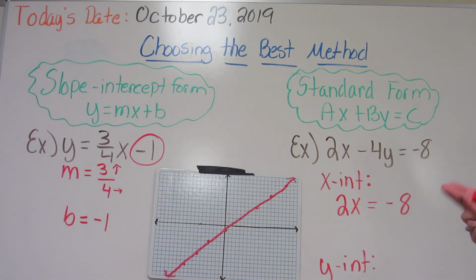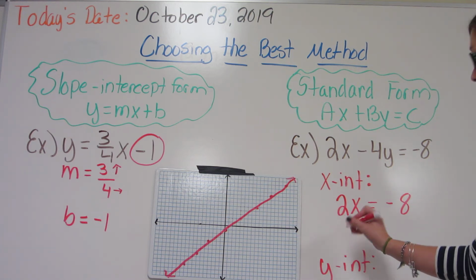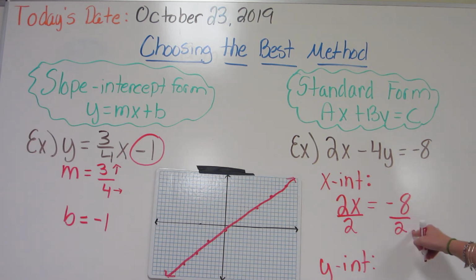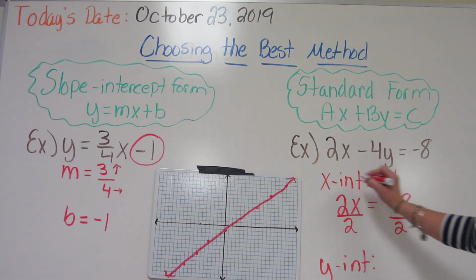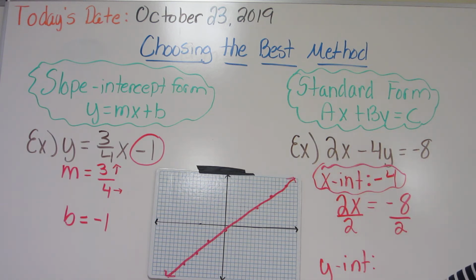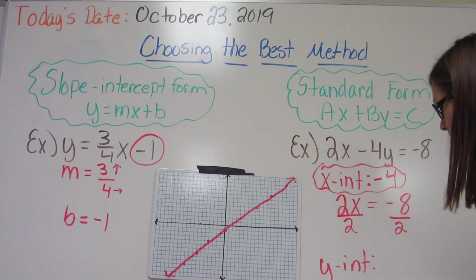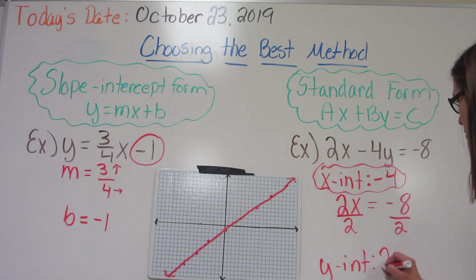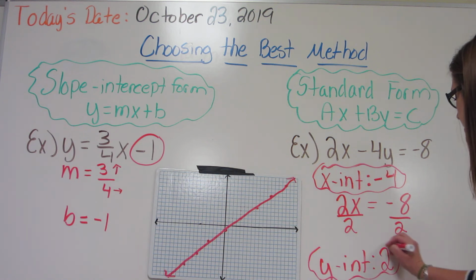Now you have simple algebra to solve for x and y. Simply divide by the coefficient that's in front. Dividing by 2, -8 divided by 2 is -4. Divide by -4: -8 divided by -4 is +2.